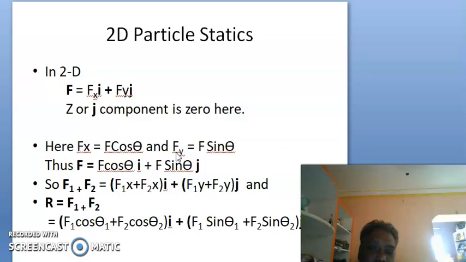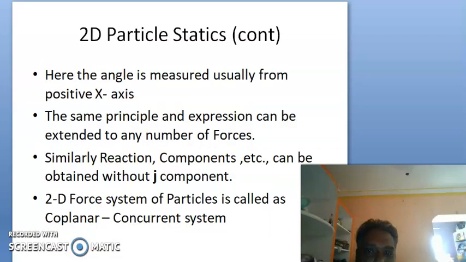Thus the force vector F is equal to F cos theta i plus F sin theta j, which means F1 vector plus F2 vector is given by (F1x plus F2x) i plus (F1y plus F2y) j, and the resultant is equal to F1 plus F2, which is given by (F1 cos theta 1 plus F2 cos theta 2) i plus (F1 sin theta 1 plus F2 sin theta 2) j.